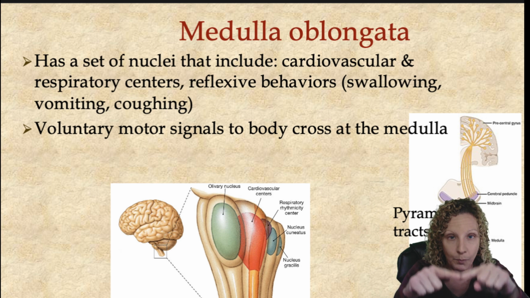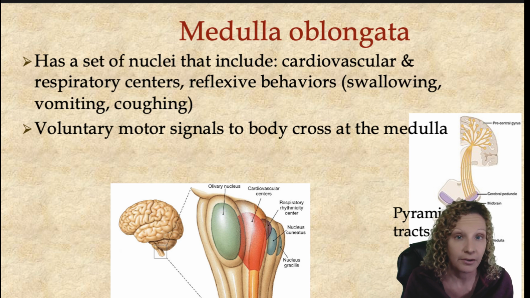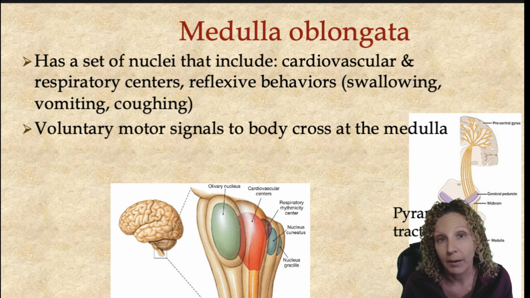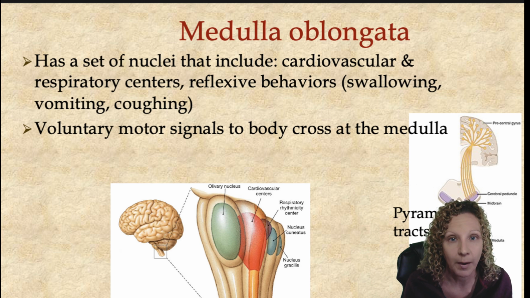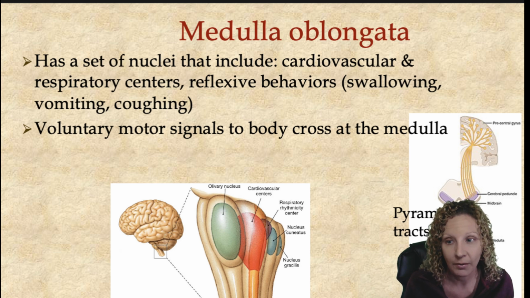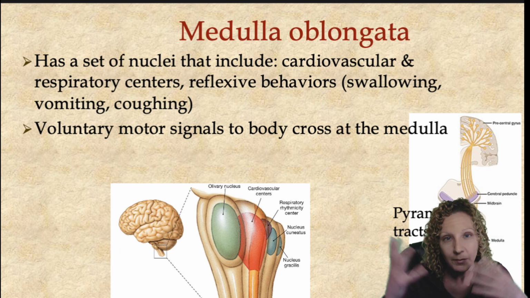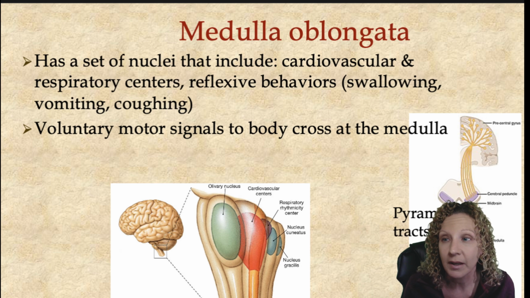Now, the passageways out will be different, going down the vagus nerve, for instance, for parasympathetic, or coming out of the thoracic spinal nerves and cervical spinal nerves for sympathetic. So some of the anatomy of the descending signals ends up being different.